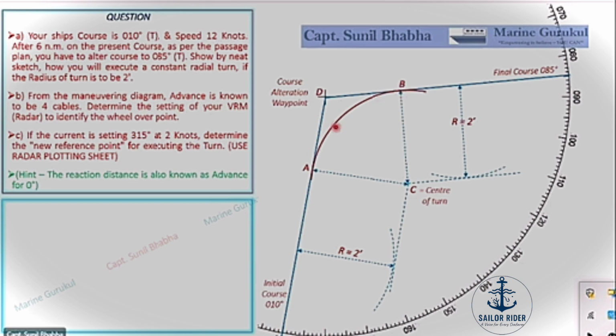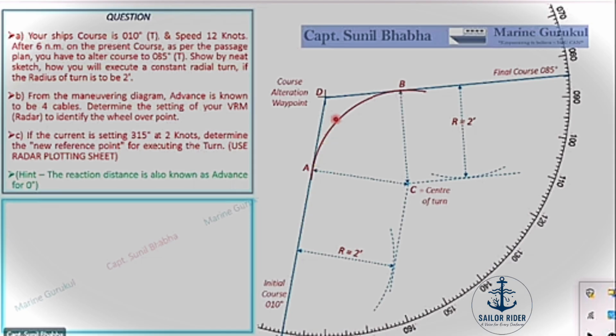Now the point where this arc touches my initial course, let's name that as point A, Alpha, and the point where this arc touches my final course, let's name that point as point B, Bravo. So we can see Alpha and Bravo coming up on the screen.